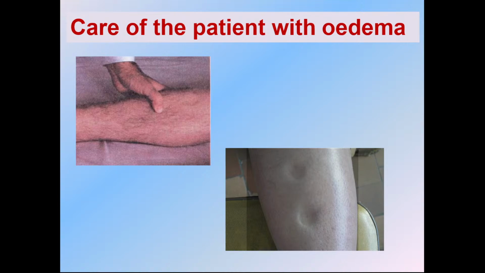How can we help the patient with edema? First of all, we must explain to him a more optimal position. A patient with edema, especially edema of the lower extremities, cannot sit the whole day.